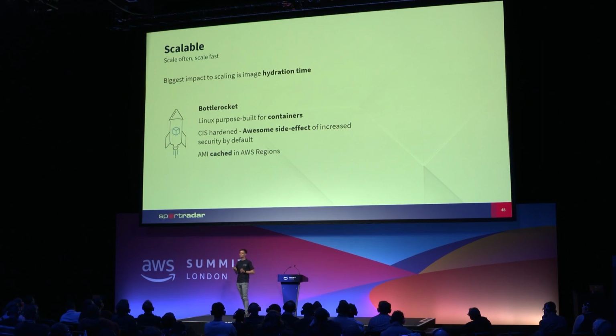It only installs the tools that are needed to run Kubernetes components. Of course, the important key piece of information here is that these AMIs are cached locally in every AWS region and every availability zone. So we replaced our base AMI, kept Karpenter, and ran our scaling test.